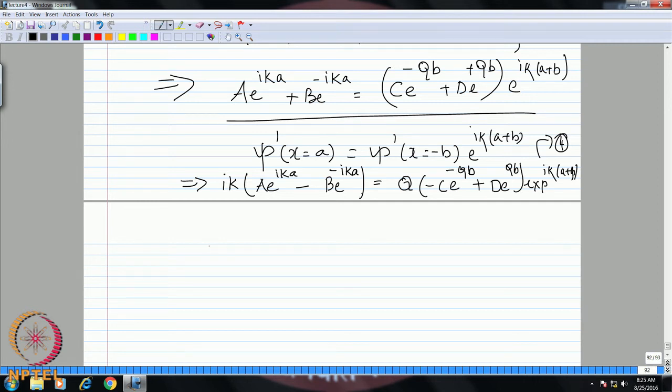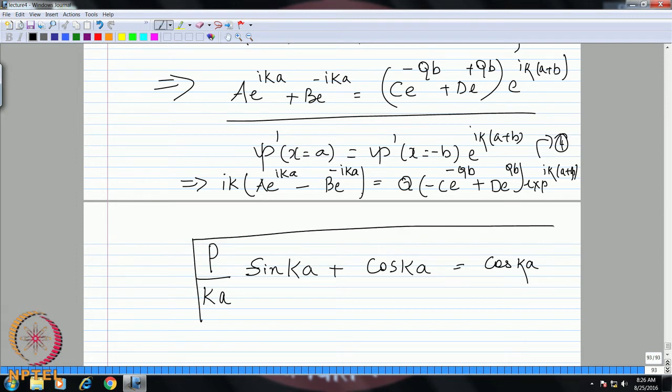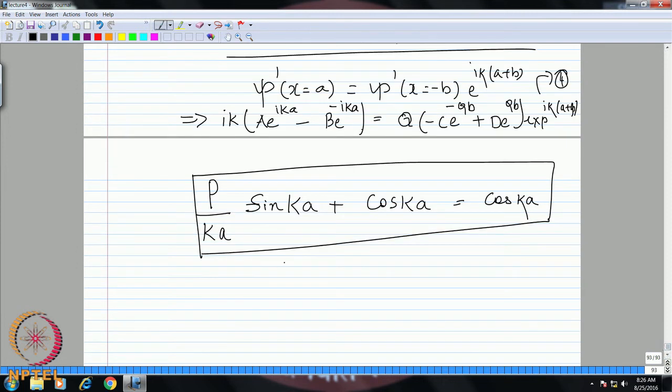So, we can express P by (P/kA) sin kA plus cos kA is equal to cos kappa A. So, this is your final equation that you get to solve for q and k. Now, P is nothing but q squared times b times A by 2.